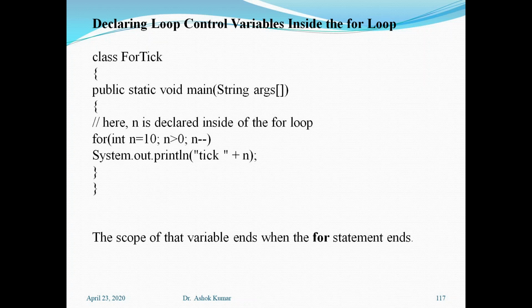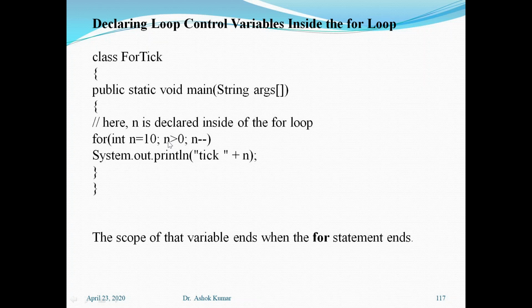The important point that needs discussion in this program is that if you declare a variable in the for loop like this, then the scope of that variable will end as soon as the loop finishes its execution.